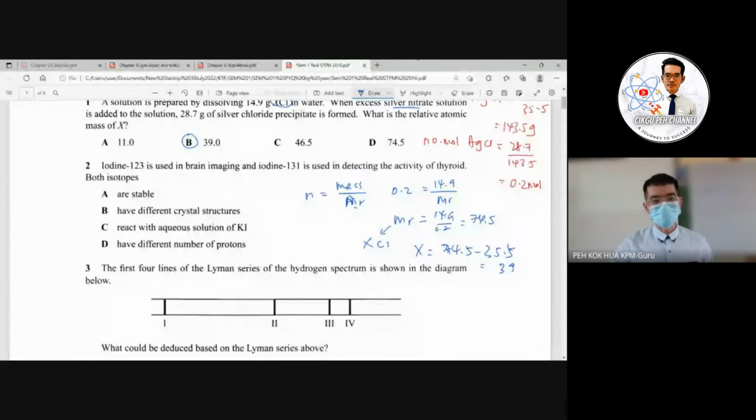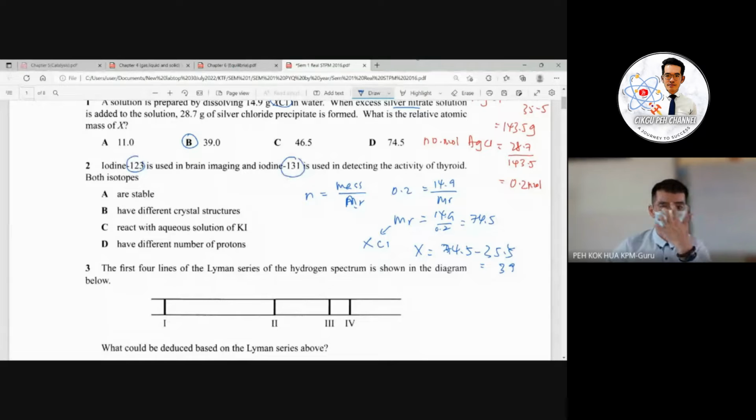Iodine-123 is used in brain imaging, and iodine-131 is used in detecting the activity of the thyroid. Both are isotopes. Which one is the correct answer here? According to this, 131 and 123 use radioactive rays, for example gamma rays.